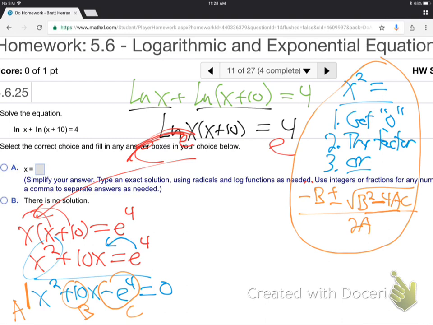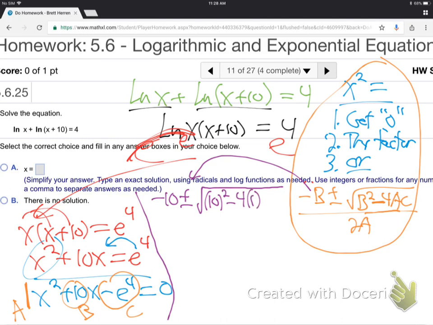Now let's plug those into the quadratic formula. So negative b, what's b? 10. Plus or minus the square root of b squared, so that's 10 squared, minus 4 times a times c, which is that weird negative e to the fourth, all over 2a.